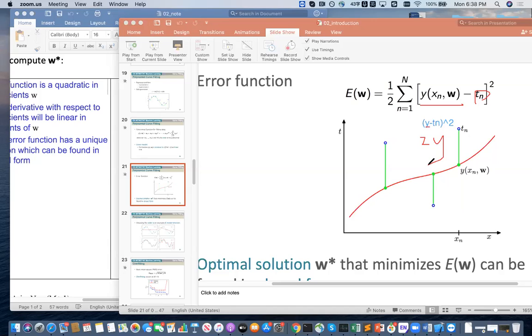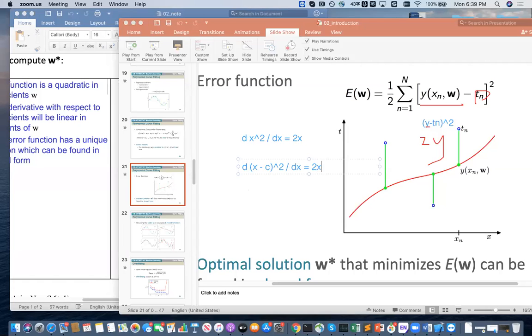X squared, take derivative with respect to x, is 2x. Wait a minute, would it be 2 times in parentheses y minus Tn? So this is what I want to say. X squared, take dx, is 2x, right? Is this acceptable? Yeah, that's cool. Then we have x minus a constant, which is Tn, squared, divided by dx.